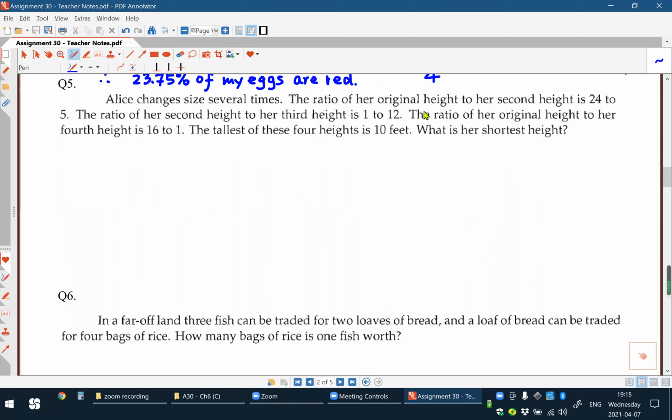Okay, so we don't know any of the heights here. We only know the tallest height, right? And we know the ratios of certain heights to other heights. So first of all, suppose we use a letter x to denote her original height.